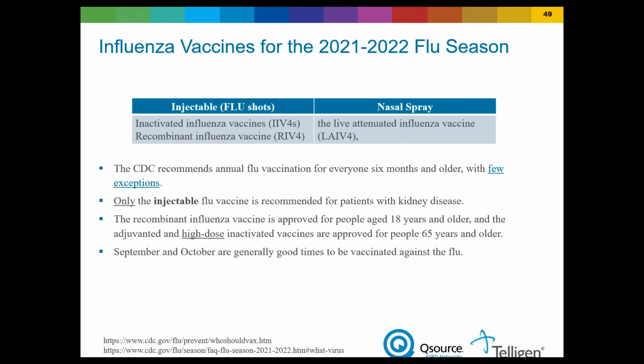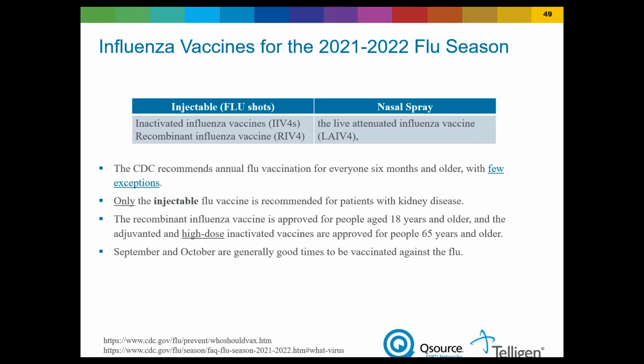So there are 2 injectable flu shots in the US, inactivated influenza vaccine and recombinant influenza vaccine. There's also a nasal spray, the live attenuated influenza vaccine. CDC recommends annual flu vaccination for everyone 6 months and older, with few exceptions.